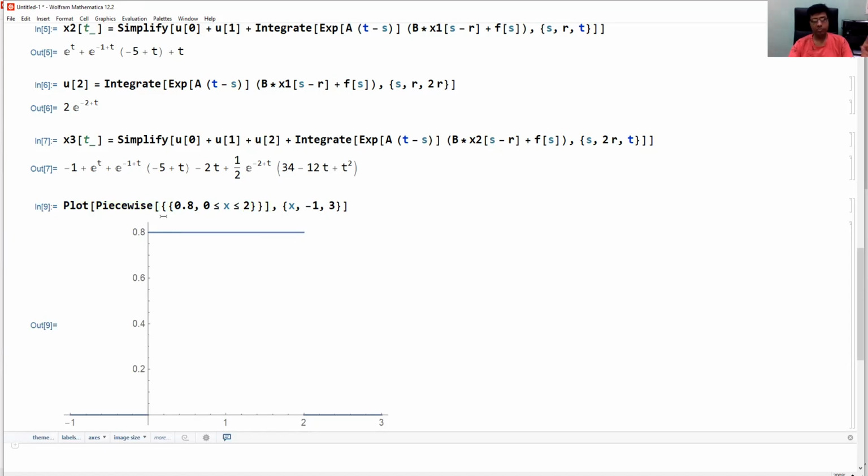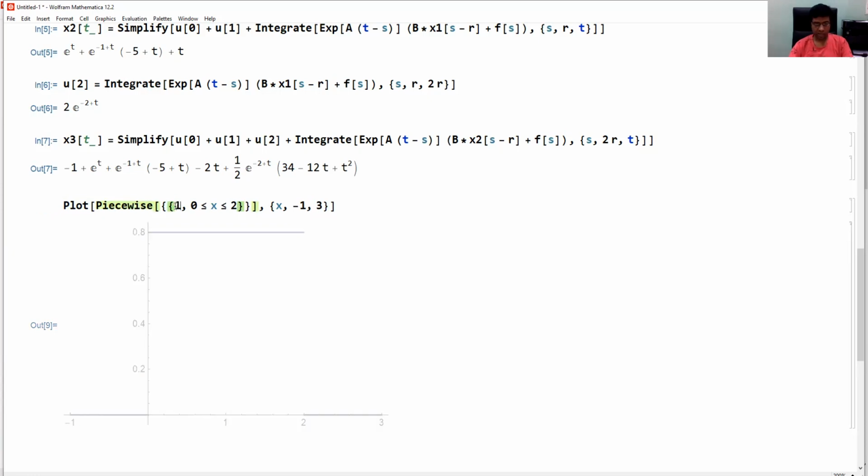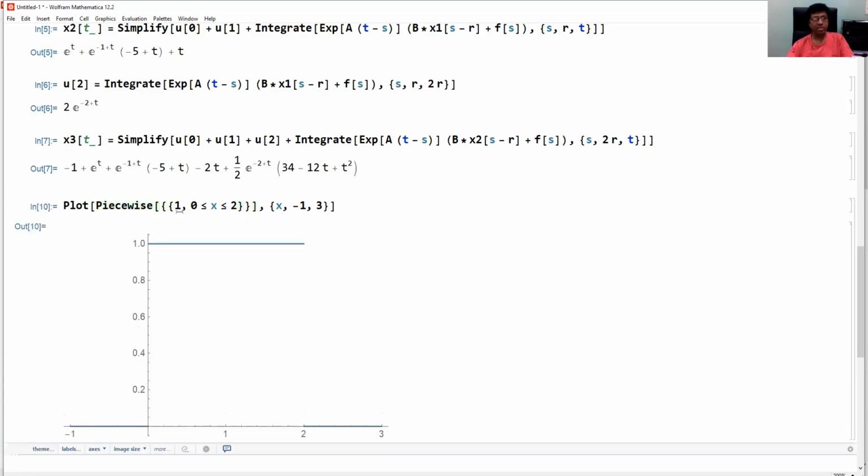So this is a very useful function. What we are going to do is use this Piecewise. If we multiply by this Piecewise, it is like the characteristic function of this interval. If we are writing 1 here, then this works as the characteristic function of this interval.